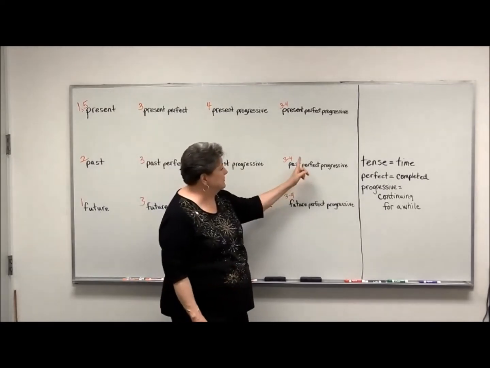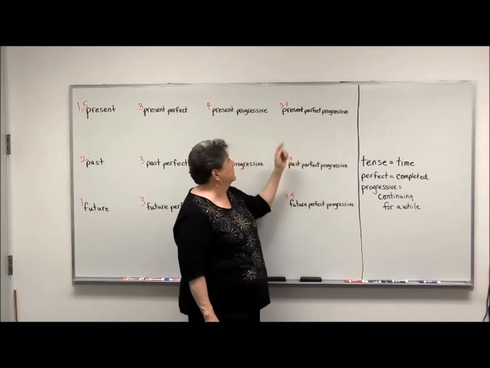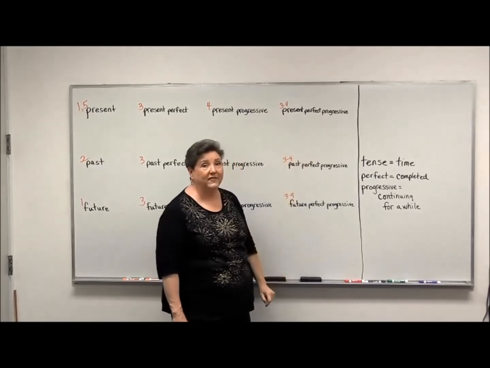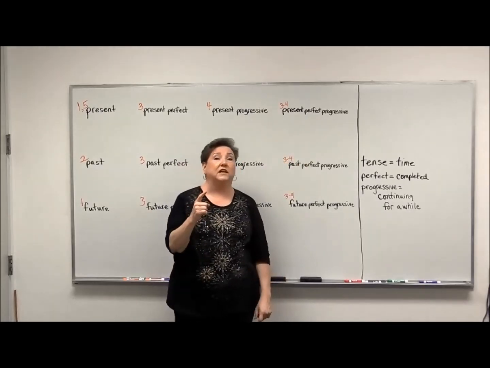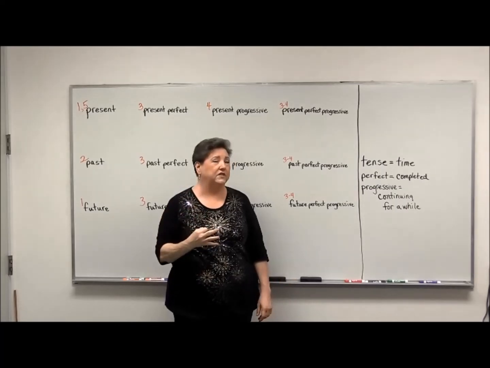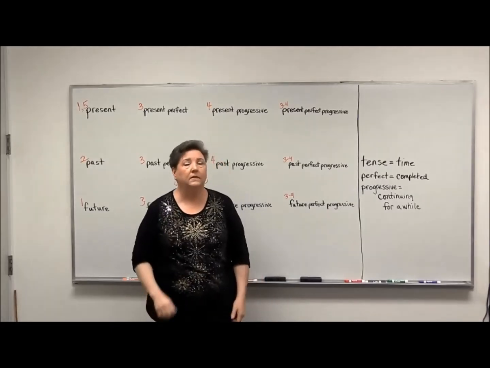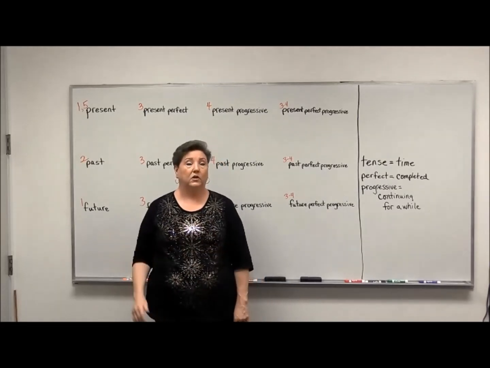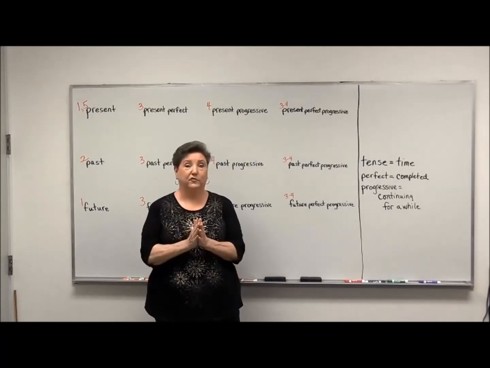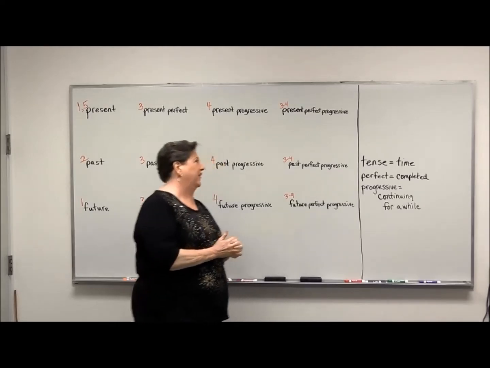Even over here where it says perfect progressive, we're going to have a verb 3 and a verb 4. What does perfect mean? Completed. What does progressive mean? Continuing for a while. So far, are you okay? You got it? All right.